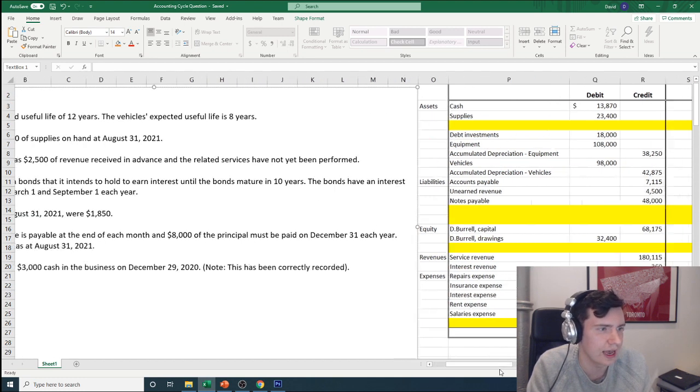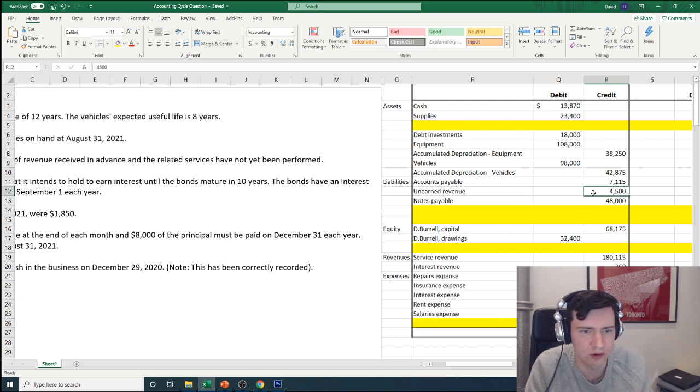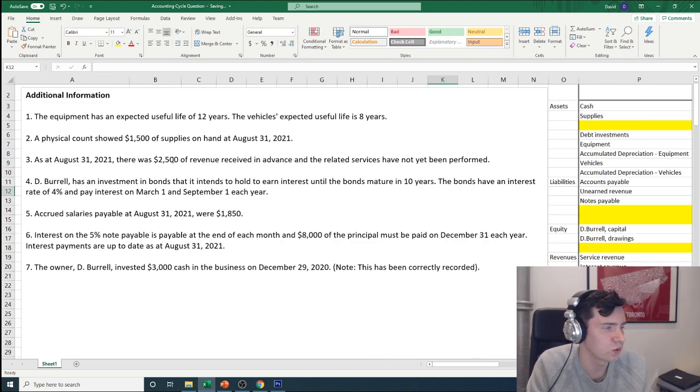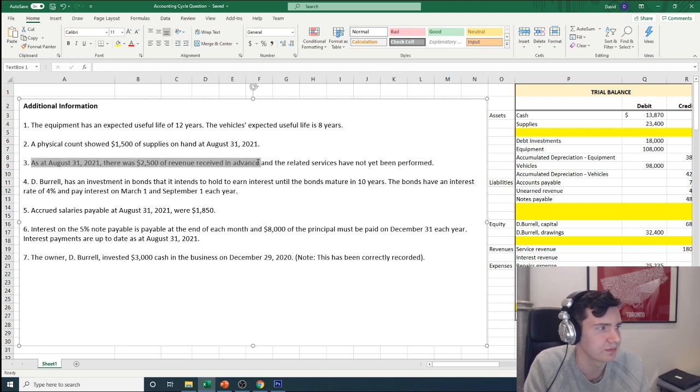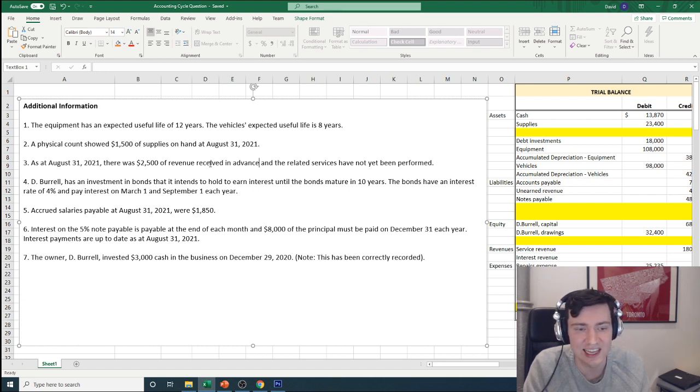So we need to look at our unearned revenue, which was $4,500. At the beginning it was $4,500, and now we have $2,500 of unearned revenue. So we need to figure out the difference between the two to show how much revenue we've earned. It's implied in this additional information that the unearned revenue has been slightly earned.